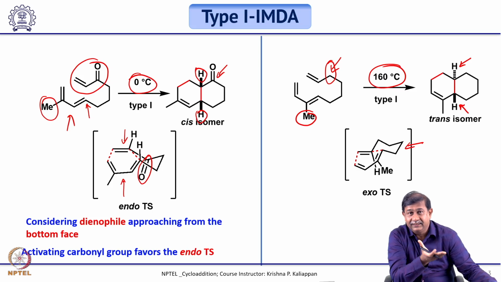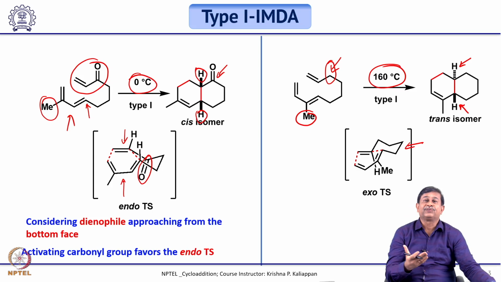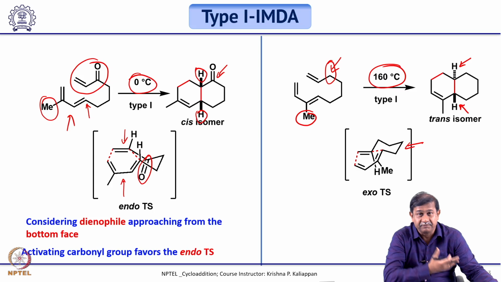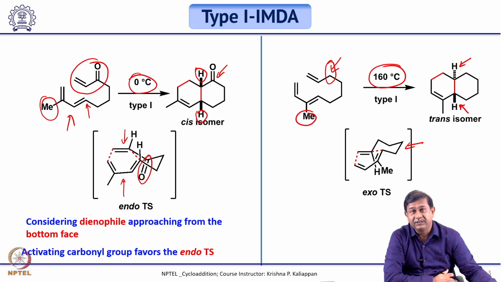Because of that, the kinetic endo product is formed in the Diels-Alder reaction. When the carbonyl group or the electron withdrawing group is not there, there is no such secondary orbital overlap, and that leads to the more stable thermodynamic exo product.